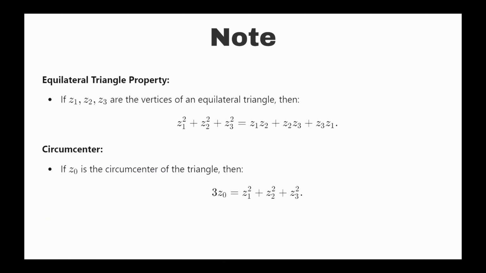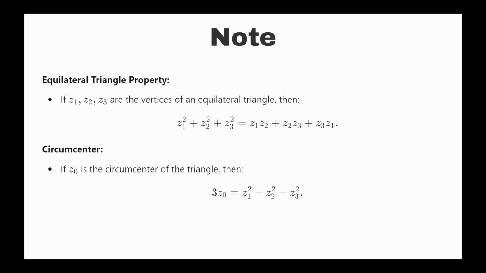Now a few notes that you need to keep in mind. Triangles have been removed from your syllabus of complex numbers, so it is not necessary, but still it is recommended that you remember these two formulas, so that if JEE asks questions related to this, you would be able to solve it. What is the equilateral triangle property?